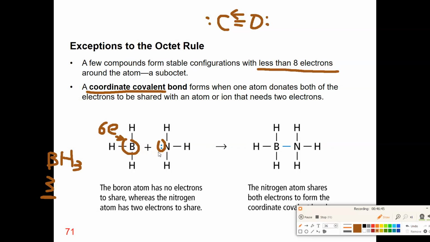So this nitrogen can donate this electron pair to form a coordinate covalent bond between boron and nitrogen. All this can happen because boron has an incomplete octet, only 6 electrons, and nitrogen has a lone pair, so nitrogen can donate this extra pair to boron.